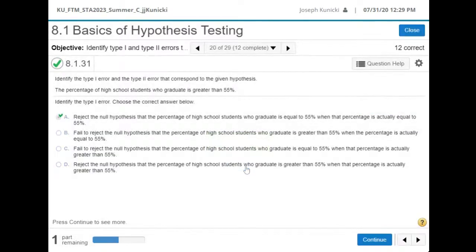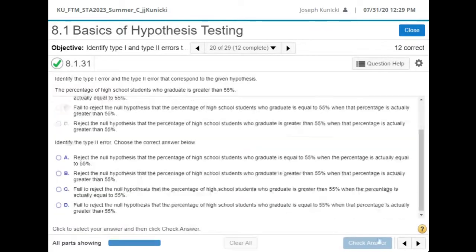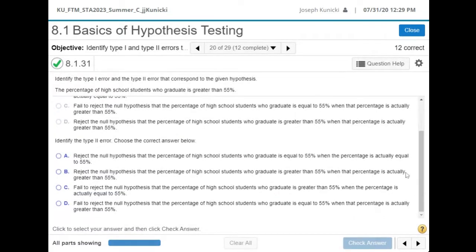Now for a type 2 error, given this same scenario, that's when we fail to reject, or accept, the null when it's false, which means if it's false, then we have to support the claim. So that would be failed to reject when the percentage is actually greater than 55.